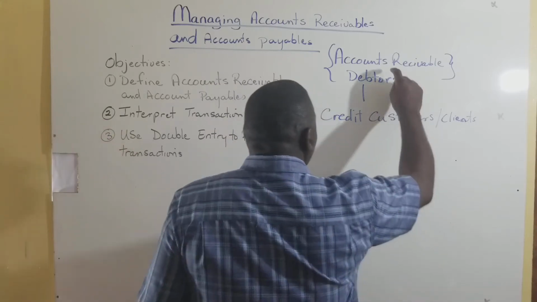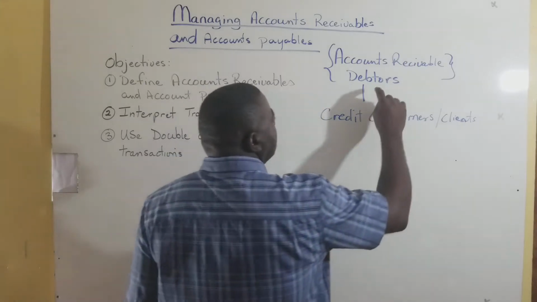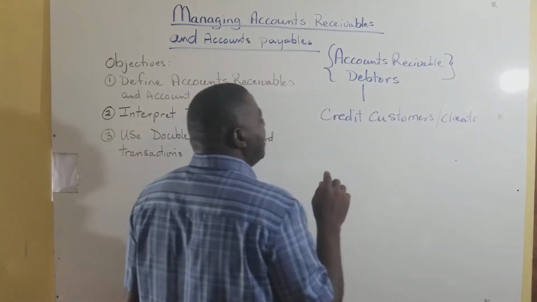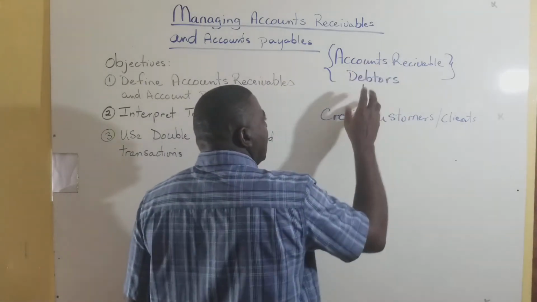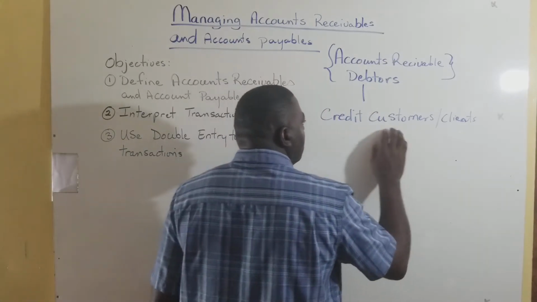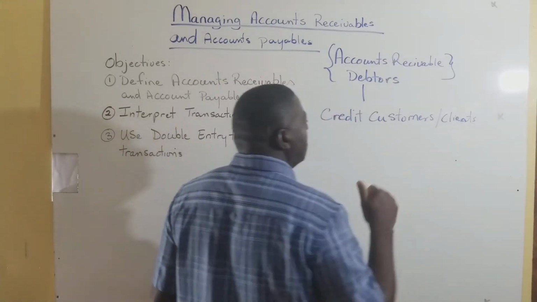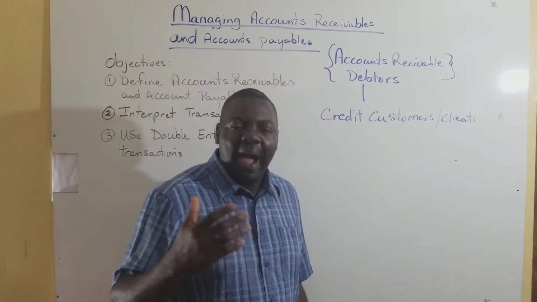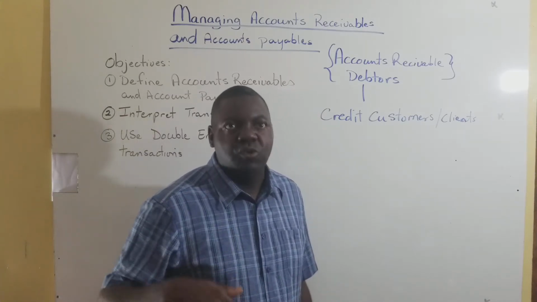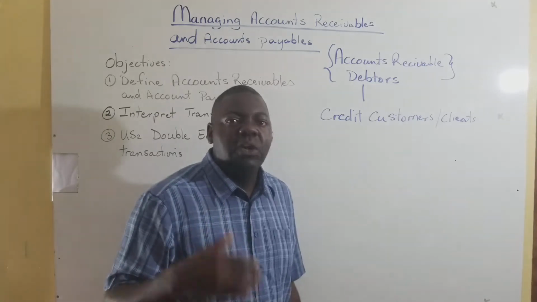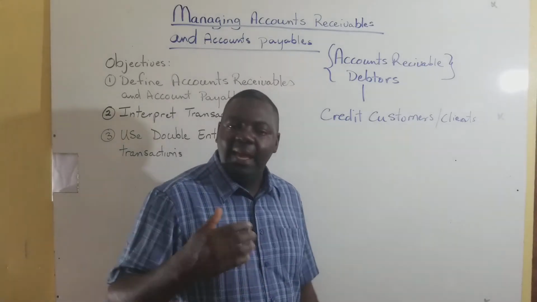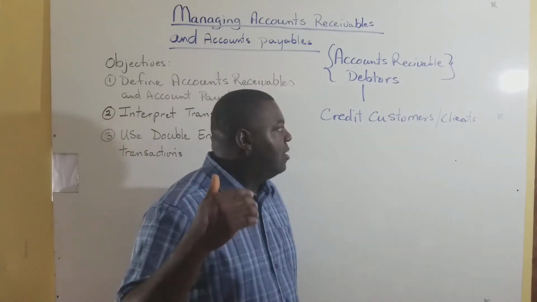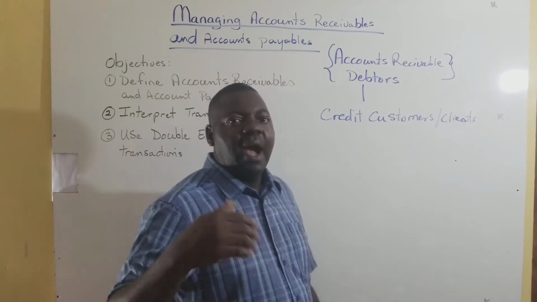So accounts receivables are also called debtors, and really it is your credit customers or clients. In other words, you have sold them goods or items, or it may be any other asset, on credit. And so they are owing you.